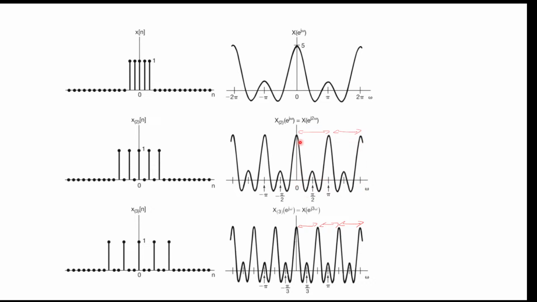So between 0 and 2 pi, you have two of those shapes: up down up, and then up down up.